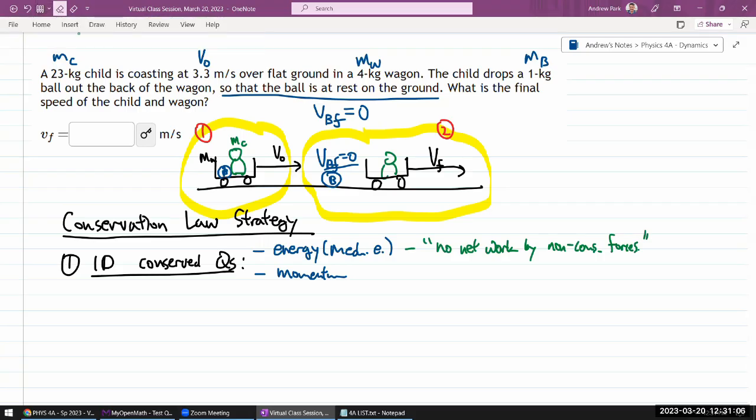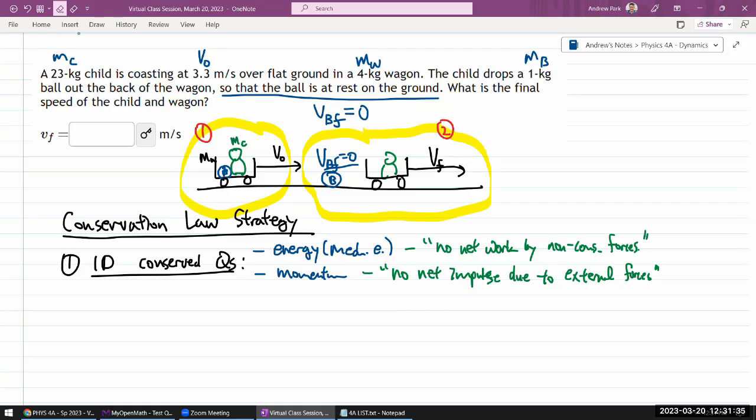And for momentum, the condition that you are looking for is no net impulse due to external forces. In lecture, I go into more detail justifying these two expressions. I just want to highlight here that this is important. Every single word here is important.